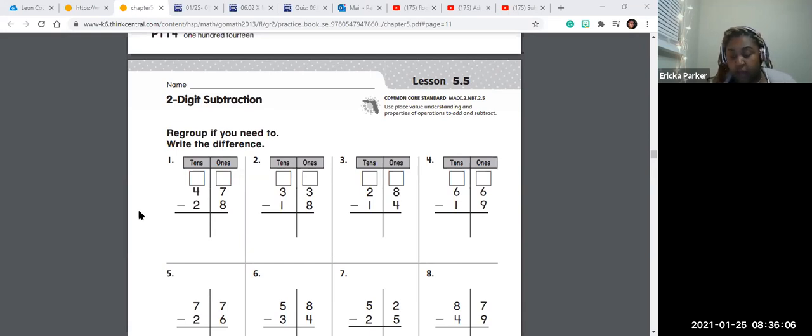If you want to work these out with me, you might want to pause this, get out your math notebooks, and put today's date, which should be January 26th. Make sure that you put the date down and write these problems in.